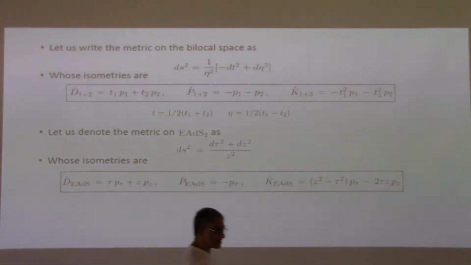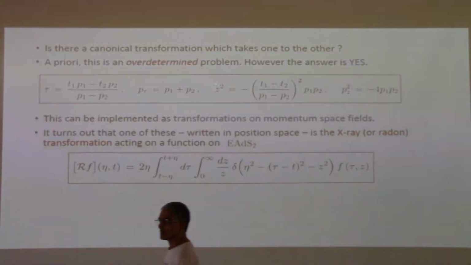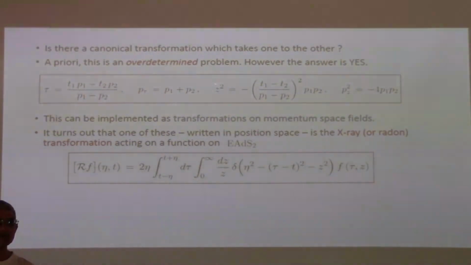And you might wonder if there is a canonical transformation which takes you from one set of generators to another set of generators. Now this is very non-trivial because on the face of it, it's an overdetermined problem. There are just too many conditions to be satisfied if this is to work. But it does work, and this is the canonical transformation.